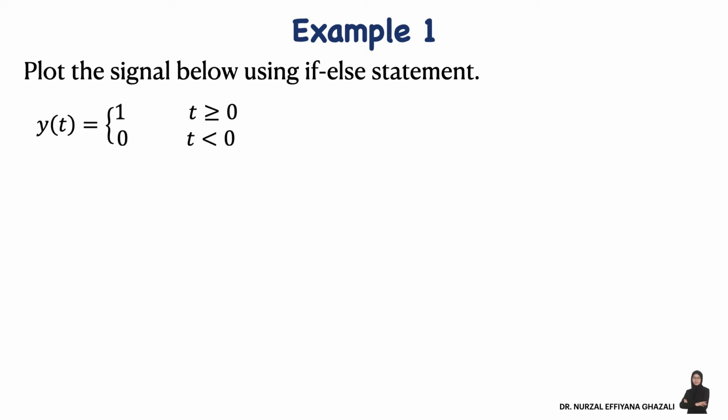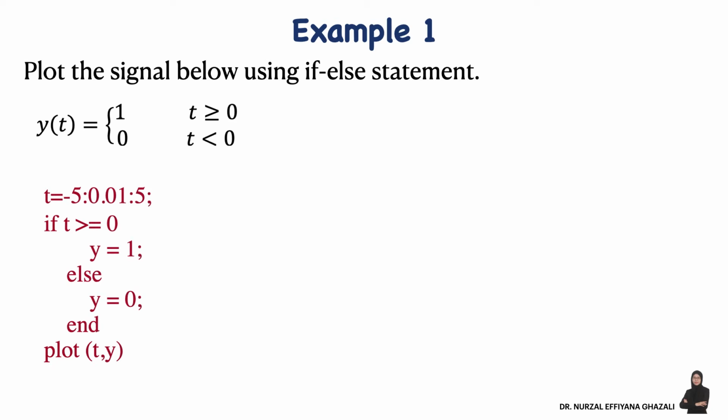Let's take a look at this example. In this example, I want to show you how to use an if-else statement to plot this signal. Okay, normally students will write this code. However, this code won't give you any plotting, since if didn't do any repetition.